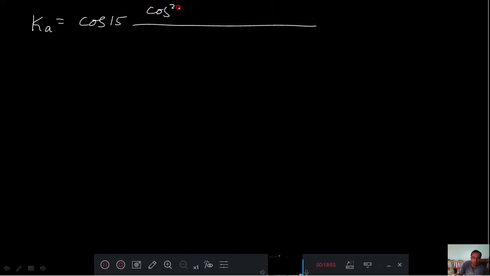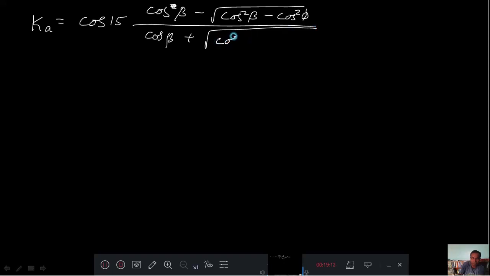Then we will calculate Ka is equal to cos beta into cos beta minus square root of cos square beta minus cos square phi, divided by cos beta plus square root of cos square beta minus cos square phi.